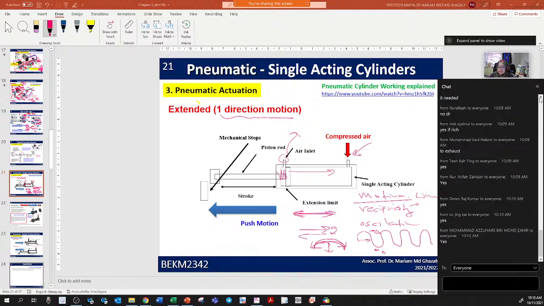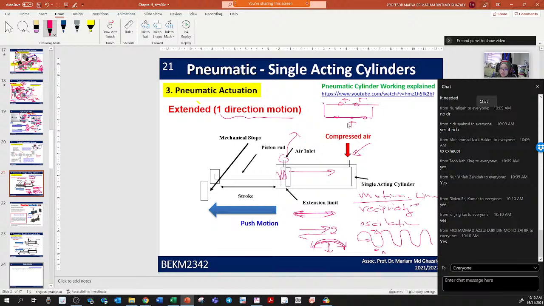My answer is that if you are using one directional motion, it depends on the application, but for a normal open loop application, it's not necessary to use the directional control valve. The reason is that the control valve we saw has 5 ports: 2 output ports, 2 exhaust ports and an input port.